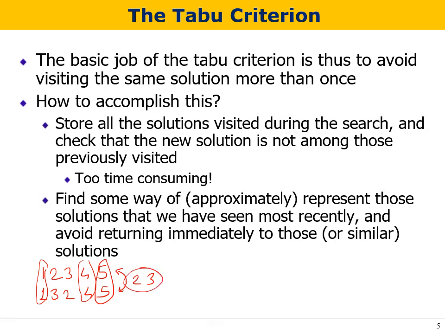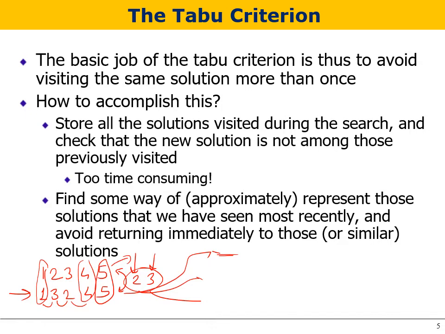Now this is our current solution and we are going to generate its neighbors by exchanging two cities: this one and this one, this one and this one, and so on. While trying to make those exchanges, if we forbid 2 and 3 to make an exchange, then we guarantee that the new neighbor is not the same as the previous one.